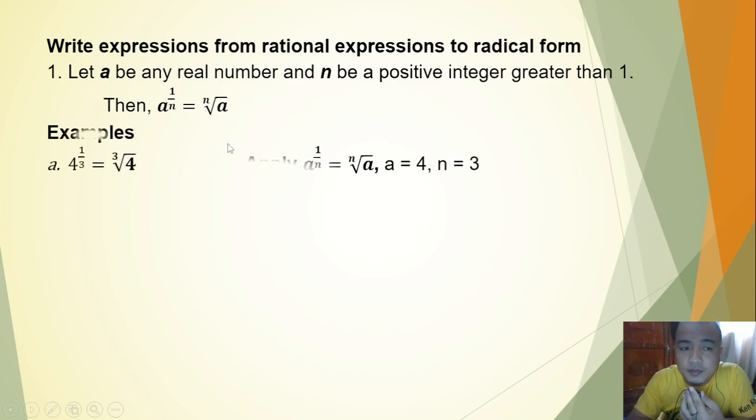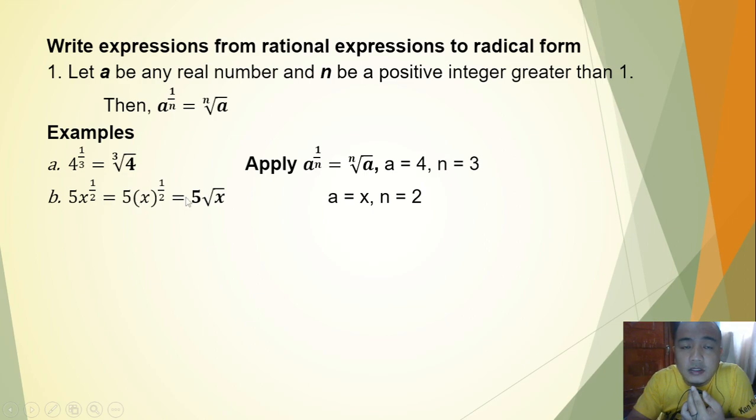Alright, so for example, 4 raised to 1/3 is the cube root of 4. We do not write 1 as the exponent of 4 anymore, because 4 raised to 1 means 4. So 4 raised to 1/3 is the cube root of 4. 5x raised to 1/2 means 5 times the square root of x.